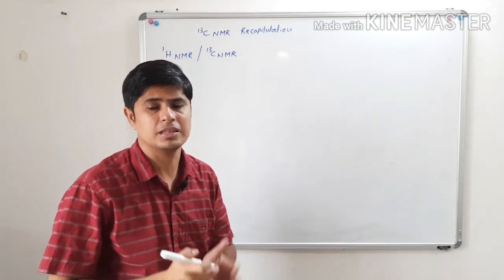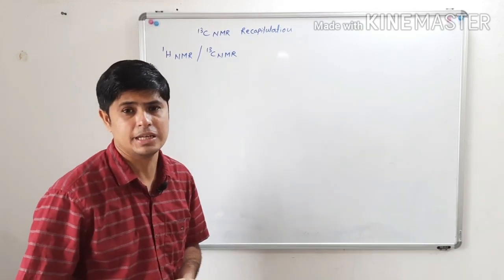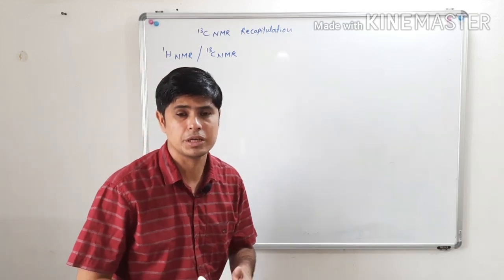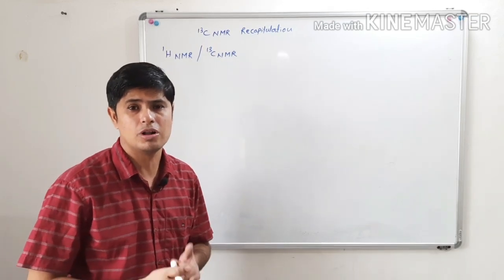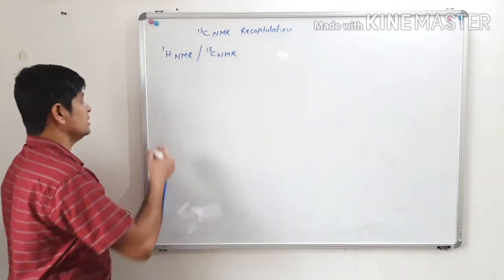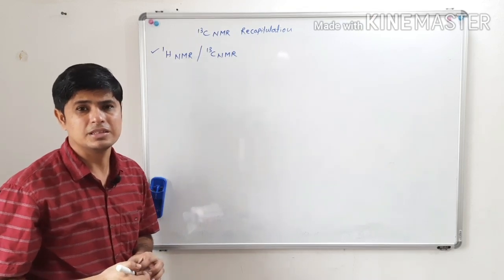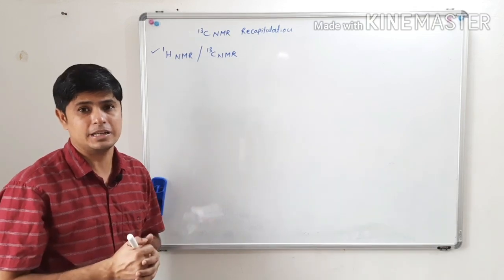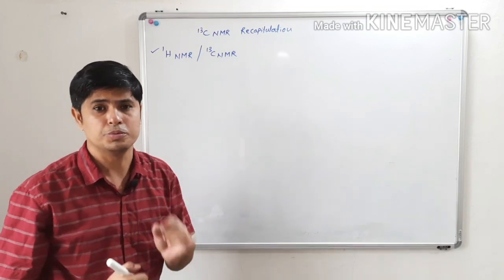Which is more sensitive, more reliable, gives results very quickly and within time, and is applicable to all samples very easily? Our answer is 1H NMR. Carbon 13 is not that sensitive as compared to the 1H NMR technique, but it is also a useful technique.